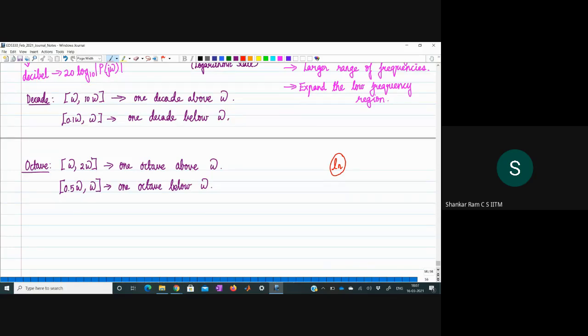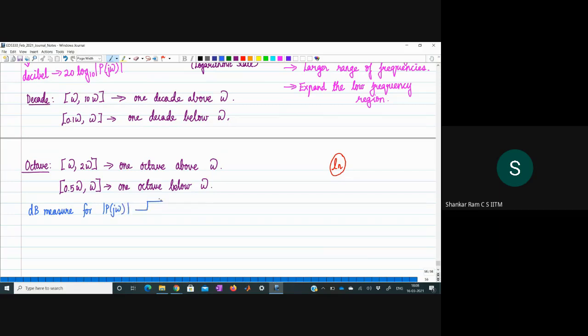So now the question that arises: why do we choose a logarithm or a decibel measure for P of j omega, the magnitude? So once again, a similar reason.